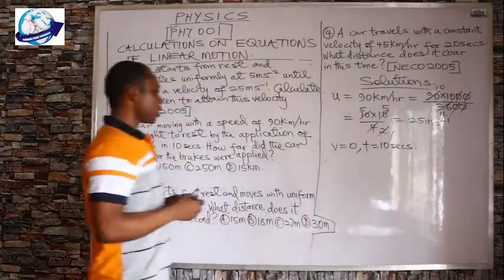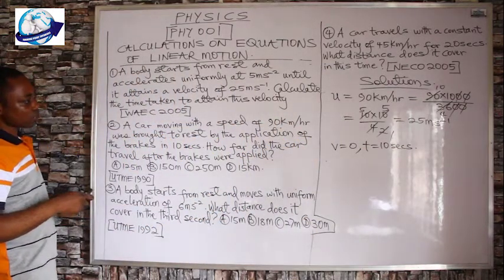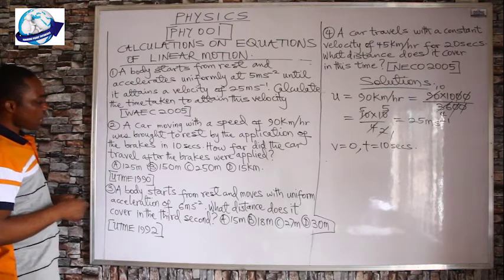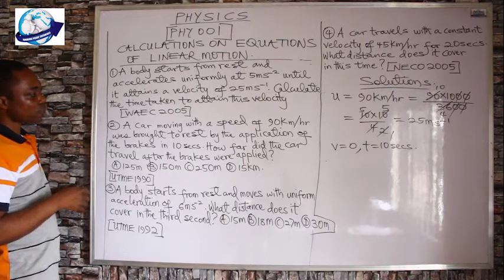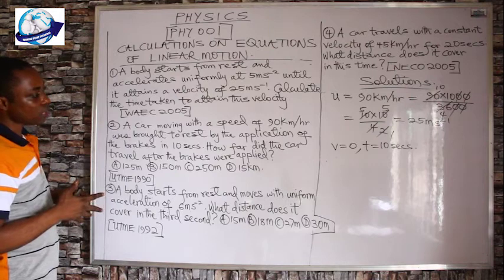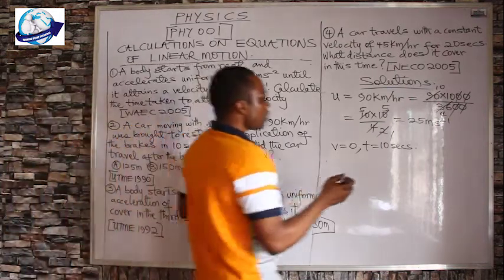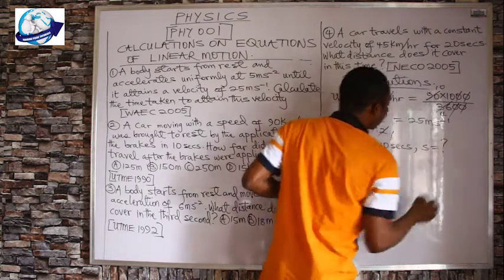Then in the next case, we have how far did the car travel after the brakes were applied? How far? That means the distance. Now you can say distance S is equal to, we don't know about that.